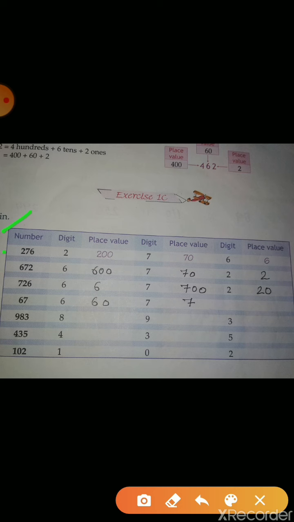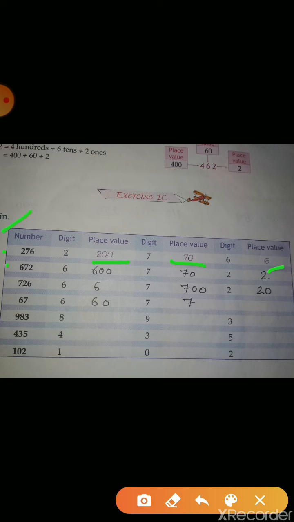Write the place value of 2. 2 is on hundreds place, so write 200. Next digit is 7. It is on tens place. Write 70. Next one is 6. The place value of 6 is 6 because it is on ones place.